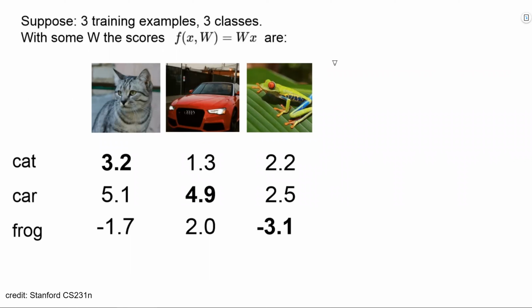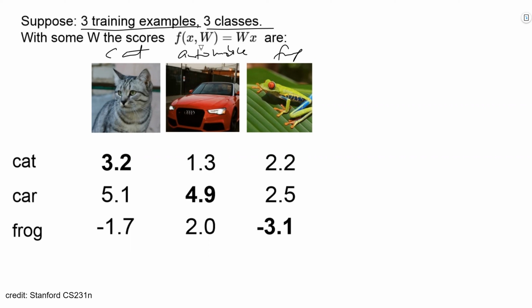I'm going to give you a simple example to help you understand how loss functions work. Suppose we have 3 training examples and there are only 3 classes. The first class is cat, the second class is automobile, and the third class is frog.